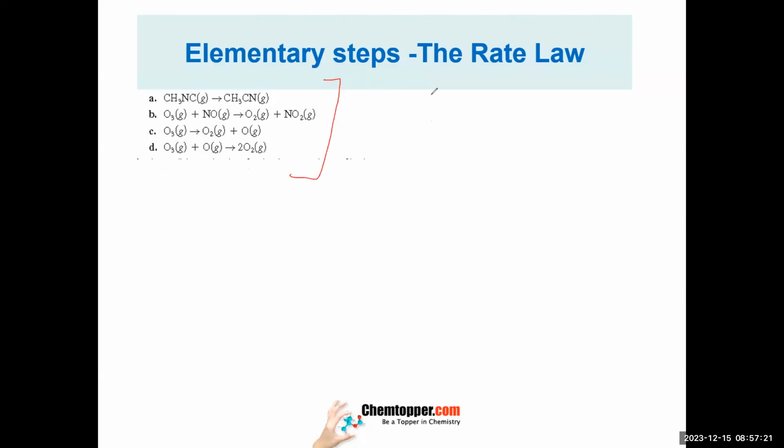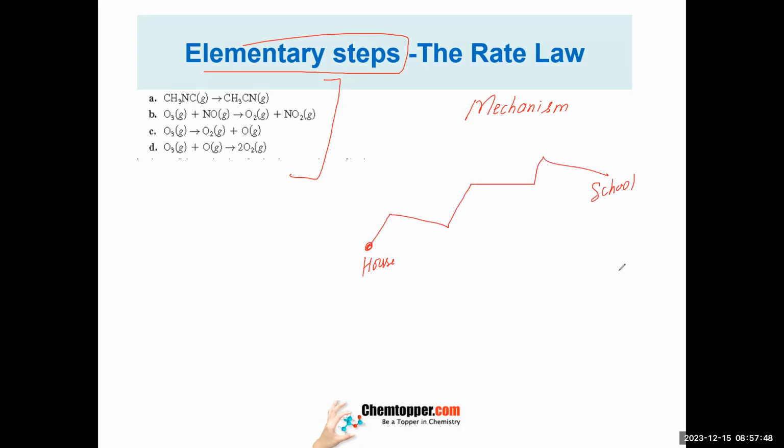These are called mechanisms. In the mechanisms, we have every step clearly mentioned, how the reaction is taking place. Like, for example, this is you, your house, and this is your school. The path which you are going to follow to reach the school, like this.